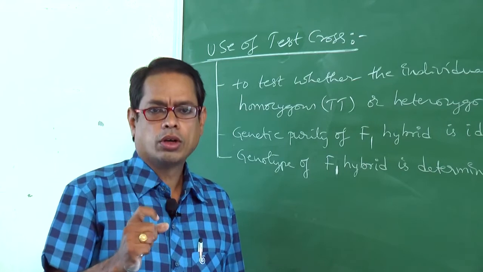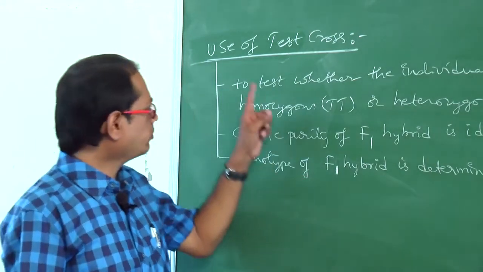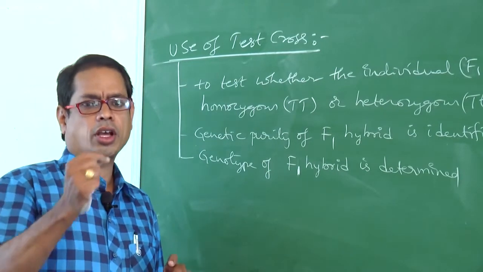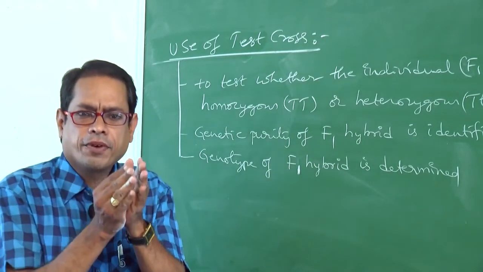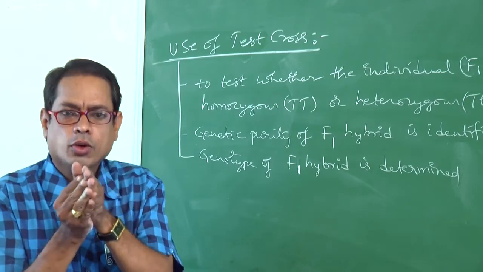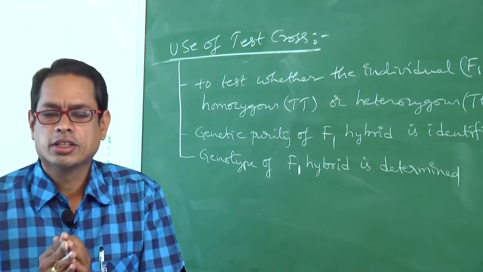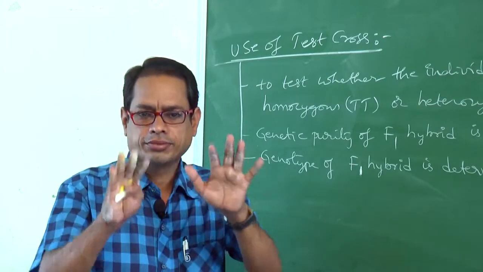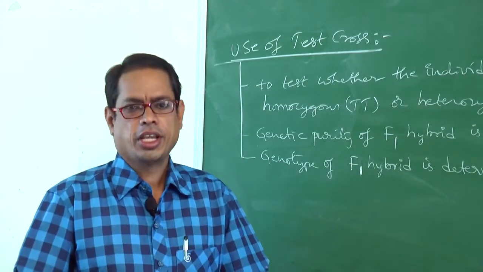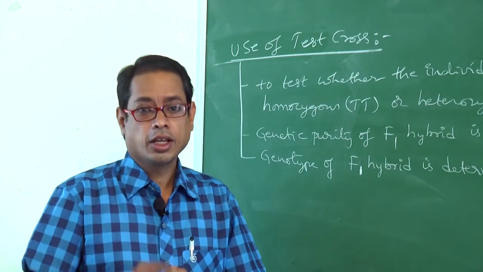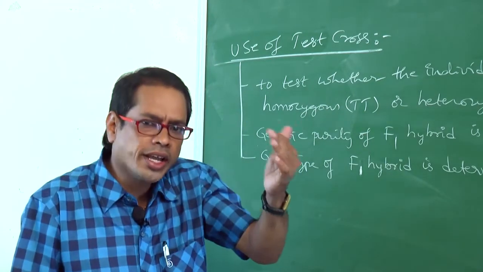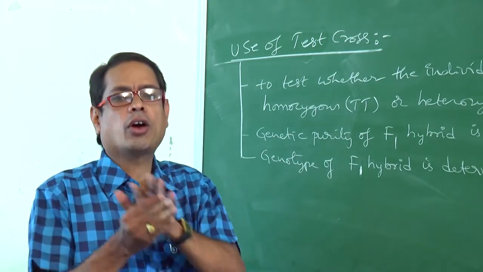Right. Now we have to learn the use of test cross. What is the use of test cross? Is the F1 hybrid homozygous or heterozygous? It should be heterozygous, not homozygous. That F1 hybrid may be homozygous or heterozygous, that we have to know.